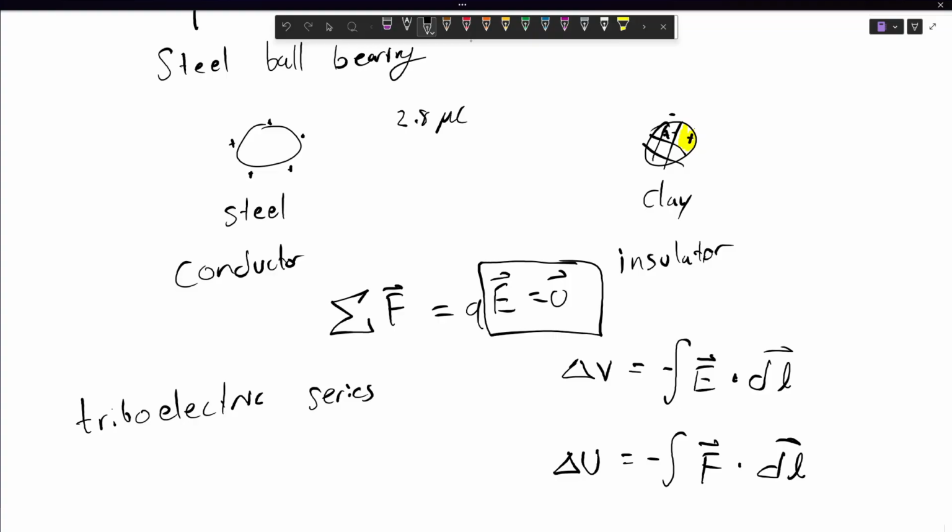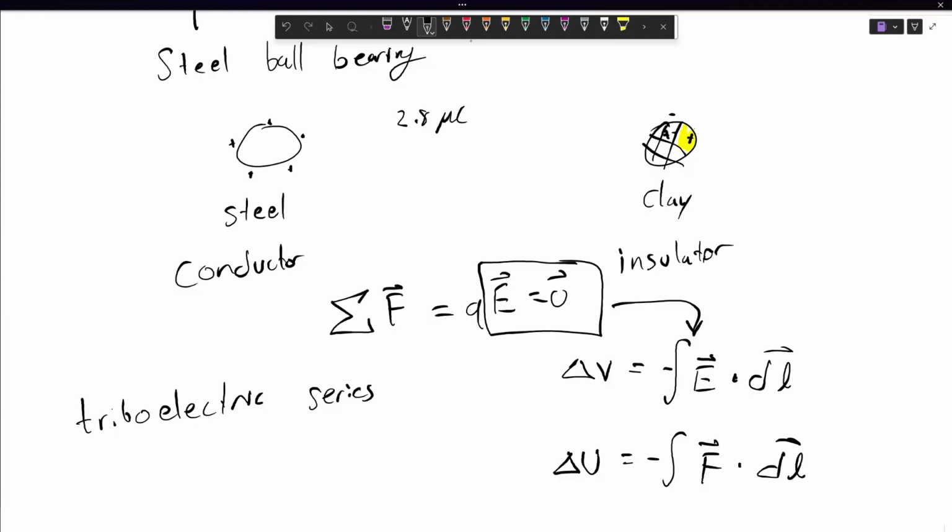And because of this equilibrium condition of the E field being zero, if I'm adding up a bunch of zeros, it doesn't matter how many zeros I add up. As long as it's on a finite domain, this will always equal zero as well. So the change in voltage is zero, meaning the entire voltage of a conductor has to be a constant in an equilibrium.